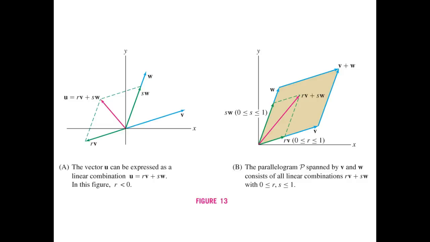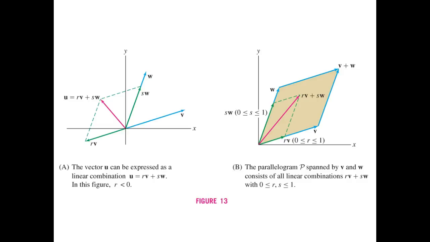Now, that's all we're talking about here, a linear combination of two vectors. This next picture is illustrating something else. This is also illustrating the same two vectors, v and w, that we had before, but this time they're letting r be a positive number between 0 and 1, and s being a positive number between 0 and 1.